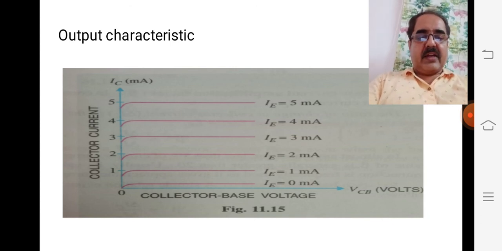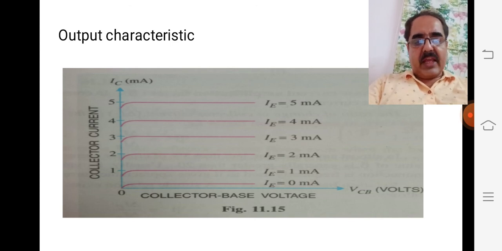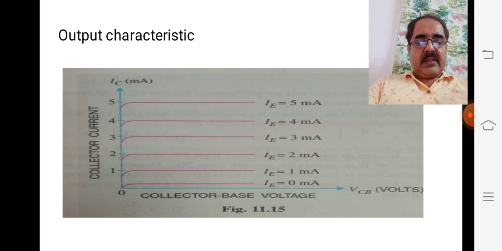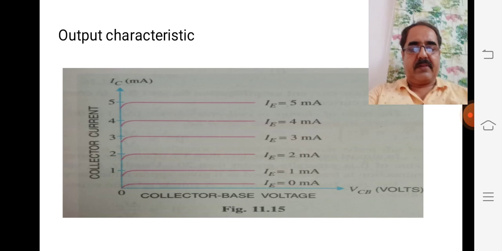It means that now IC is independent of VCB and depends upon IE only. This is consistent with the theory that the emitter current flows almost entirely to the collector terminal. The transistor is always operated in this region.